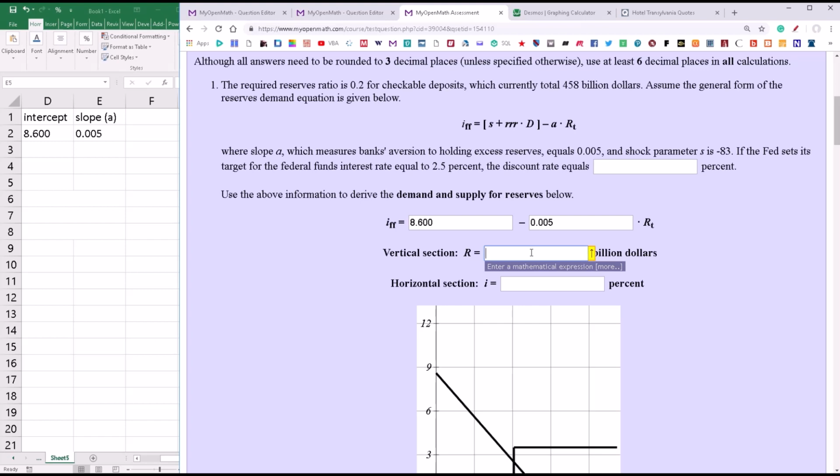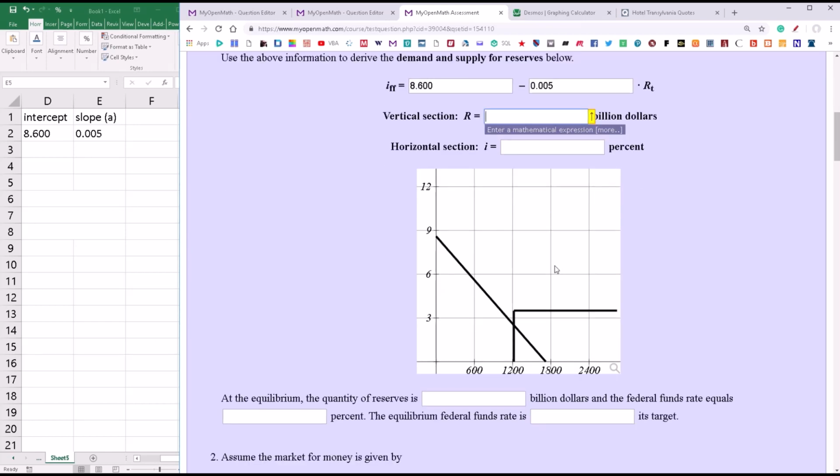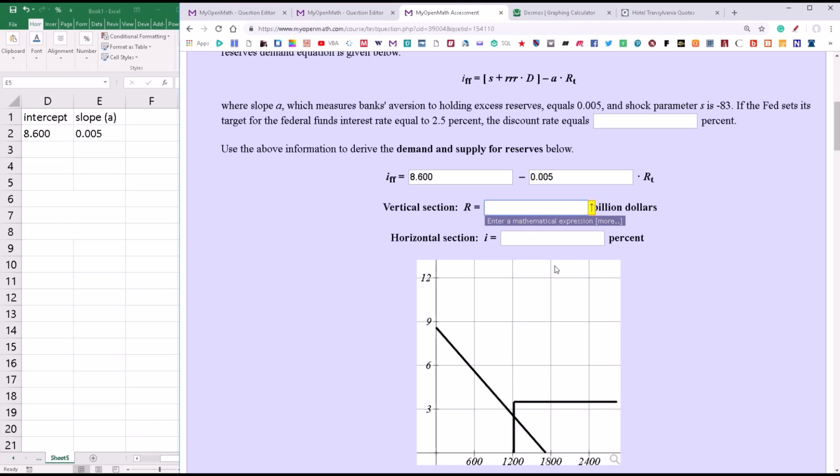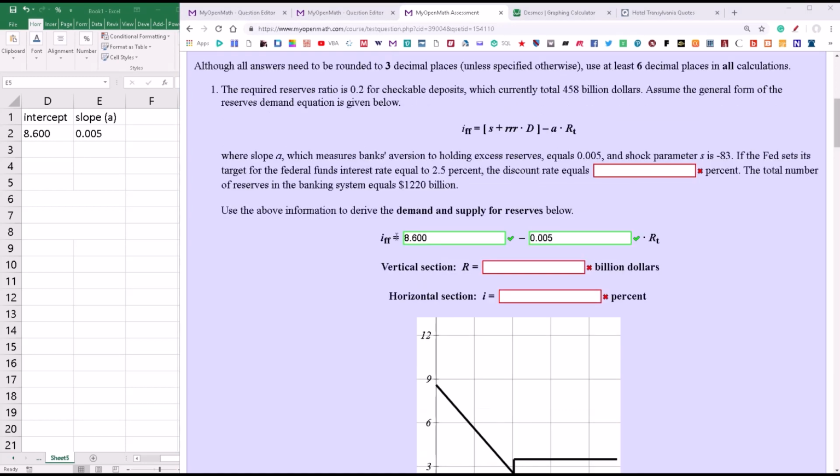The vertical section of reserves supply is equal to, where's it at? Sorry, I had to edit that. I've left out that very valuable information.